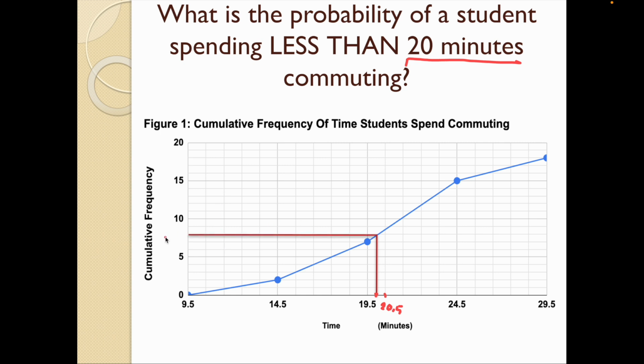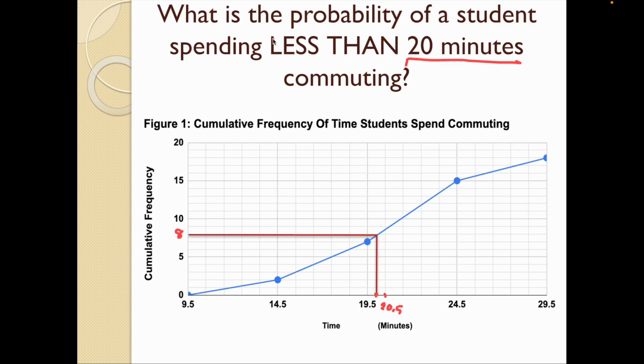Good. So then here now represents 5, 6, 7, 8. So I'm saying that 8 students, because remember, we're going in the order of lowest to highest. So that means the first 8 students took up to 20 minutes. The other students above 8 took more than 20 minutes.